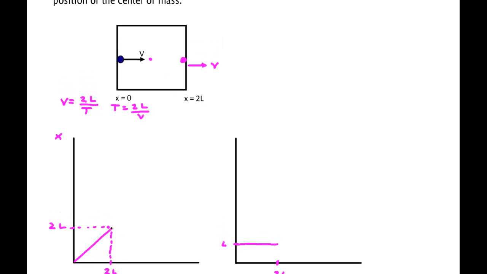So at this point, the ball goes over for exactly the same amount of time. So this would now be 4L over v. And this goes up here till it gets to, if I've drawn this right, 3L.